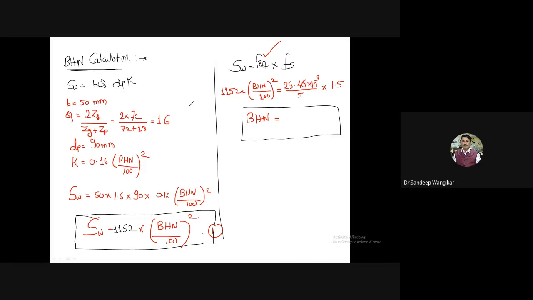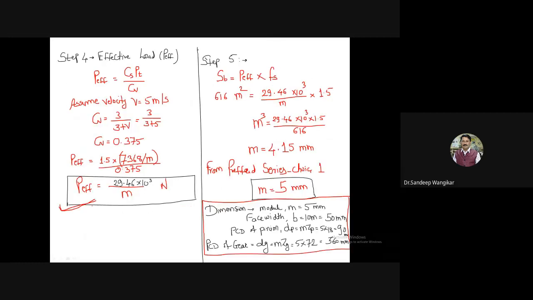Calculate accurately. See, you are giving some different answers. Okay, let us proceed. Can we go for P effective calculation then? Because you are giving some different answers.